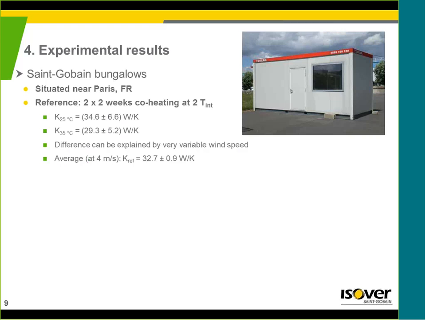So when we renormalized the heat loss coefficient by using a supposed wind speed of 4 meters per second, then we get a reference heat loss of 32.7 plus or minus 0.9, which means that the variable wind speed explained a lot of the uncertainty. When we managed to fix that in the model, then the results became very accurate.